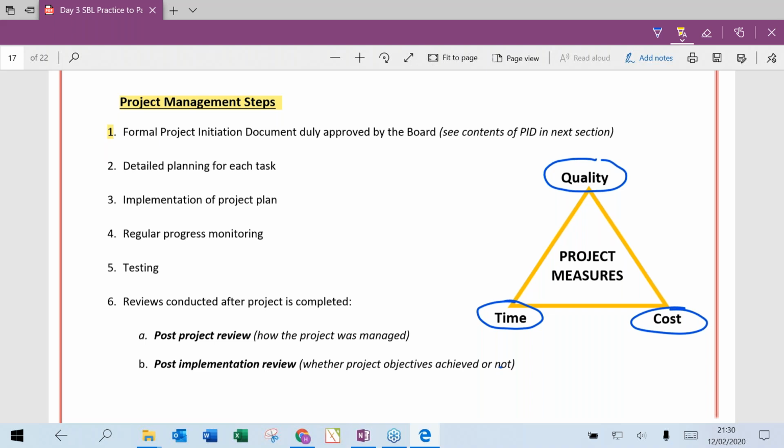Something like that. So post-implementation review is the concluding review in which we analyze whether the project achieved the objectives, whether the project was successful or not. This is a very concise list of project management steps.